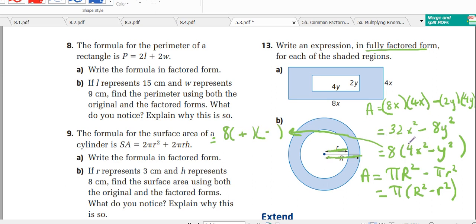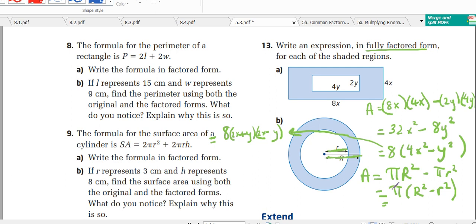The square root of 4 is 2, so I'll have 2x over here, and the square root of y squared is just y, so 2x plus y, 2x minus y. If you didn't understand this extra step, that's okay. That's what next lesson's about. But if you left it here, because technically we've only known how to common factor up to here, we can leave it as that, and that'll be okay.